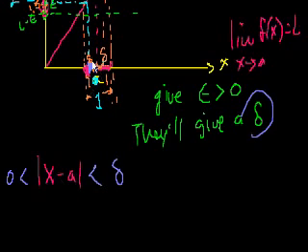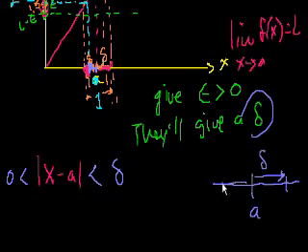So as long as you take an x, if I were to zoom the x-axis right here, this is a, and this distance right here would be delta, and this distance right here would be delta.